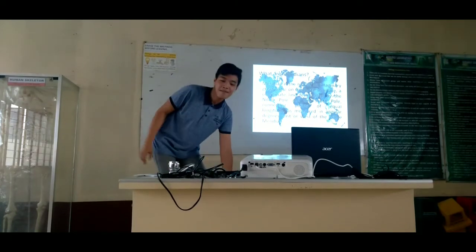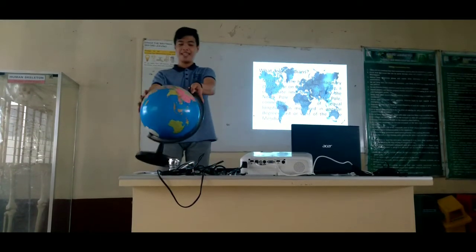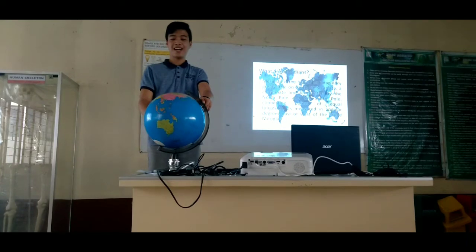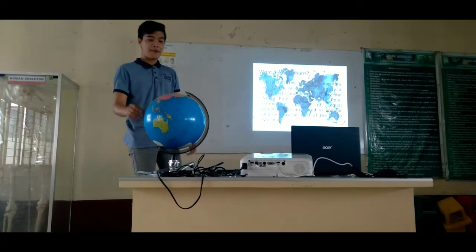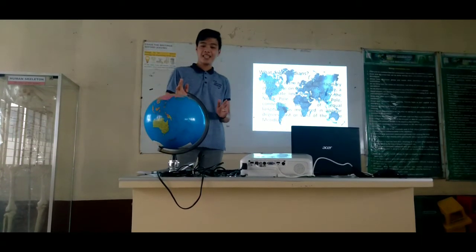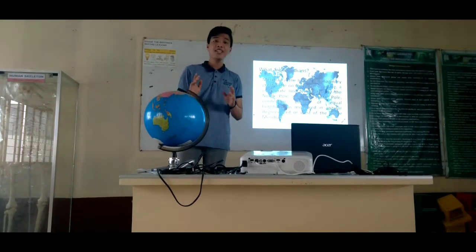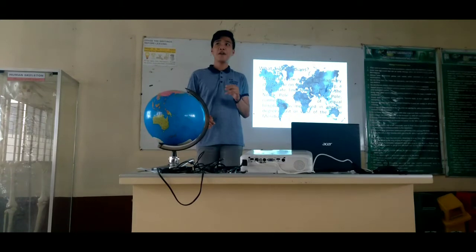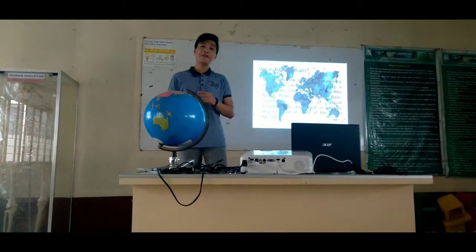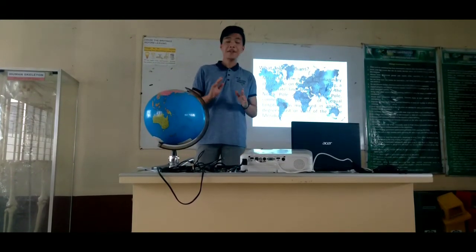We have some example here, class. Here, this is what we call the globe. So now, a meridian, class, is also like a longitude, but a meridian is a vertical circumference of the Earth's surface.